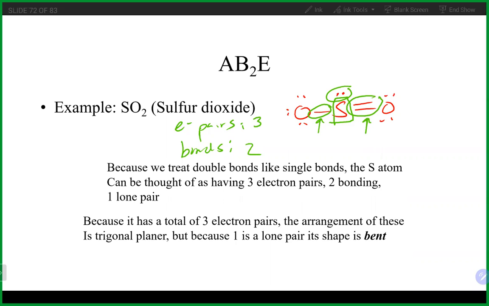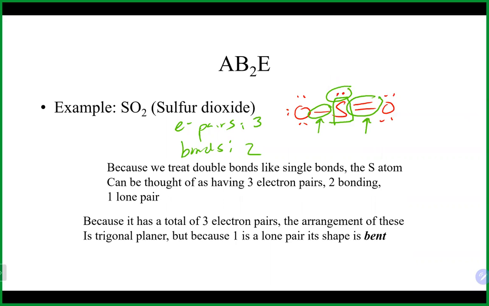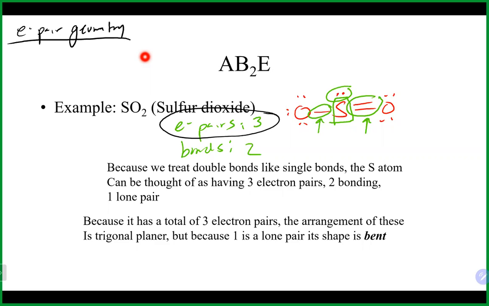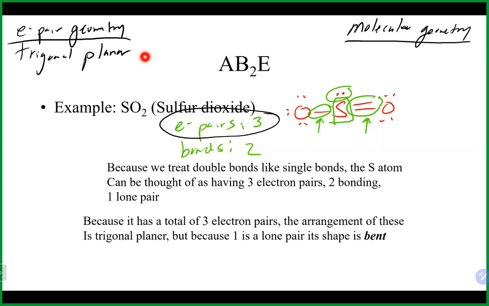So once again, here our electron pair geometry is based off of how many electron pairs we have. And in this case, it is 3. So as we saw earlier, something with 3 electron pairs, its electron pair geometry will be trigonal planar. But now in terms of our molecular geometry, or our shape, because we no longer have that bond here like we do in a trigonal planar molecular geometry, that's going to allow those bonding electrons to move a little bit more.